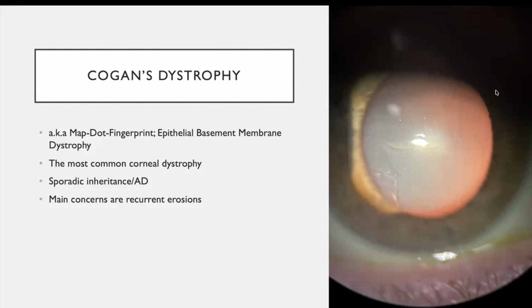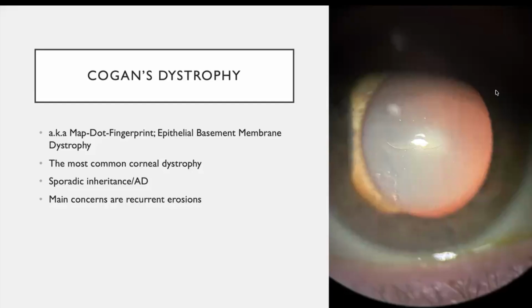Now, usually you'll see this in people's second or third decades, so they're in their late teens, early 20s, and they pretty much are asymptomatic throughout life. The main problem that this can cause, and what you'll see is common across the epithelial dystrophies, is that they can cause recurrent erosions because the epithelium isn't stuck down as well as it should be.